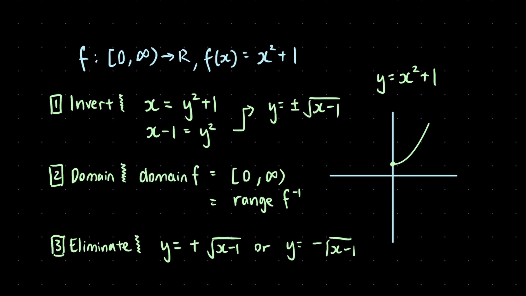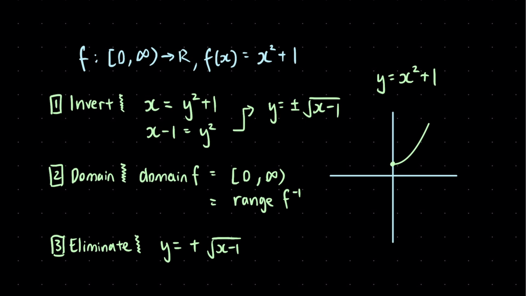In other words, since range refers to the y values, this means that the y values of our solution must be 0 or greater. And looking at our functions, the square root of any real number will be positive, and then if we tack a negative sign at the front, it makes this entire expression negative, which means that the range of this cannot be from 0 to infinity, so we can reject this solution.